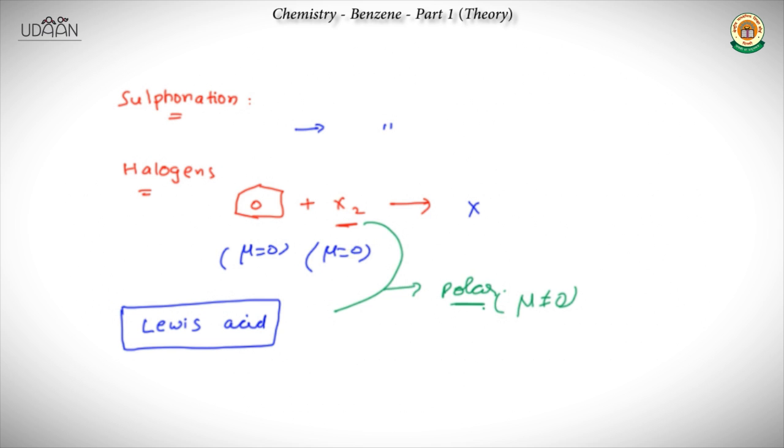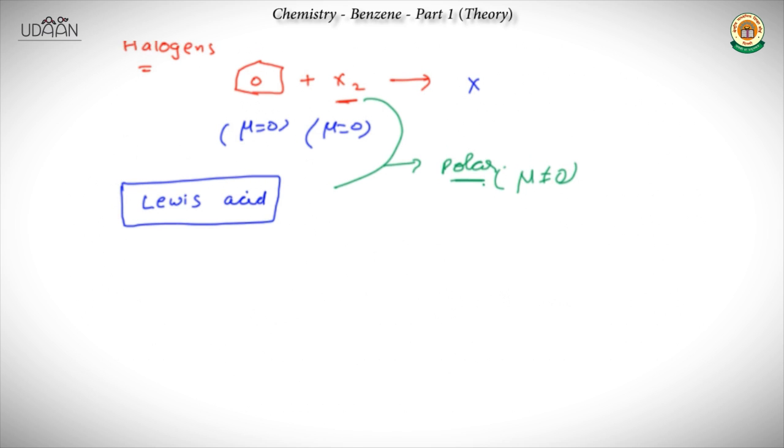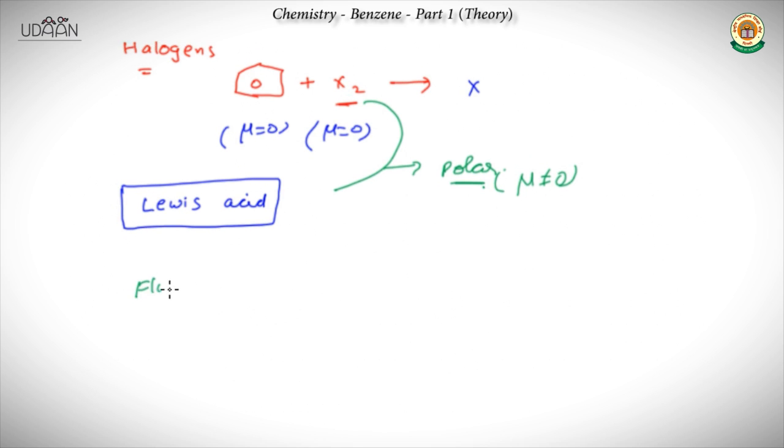Now let us see the individual cases. First halogen is fluorine. The reaction for fluorine is highly exothermic. That is, if you use say F2 in the presence of a Lewis acid, say AlCl3. Now we have told that this increases the polarity. Let us see how it does.